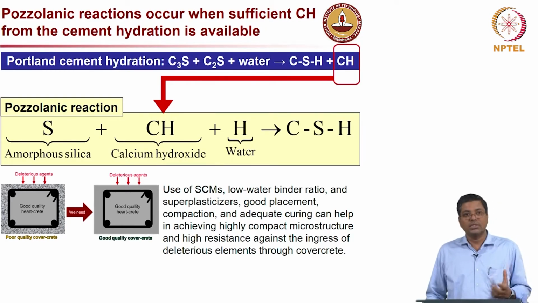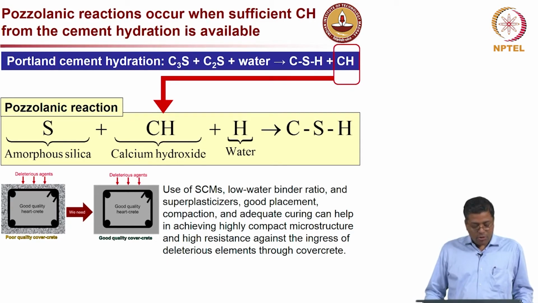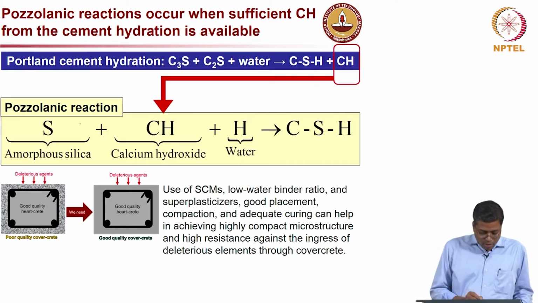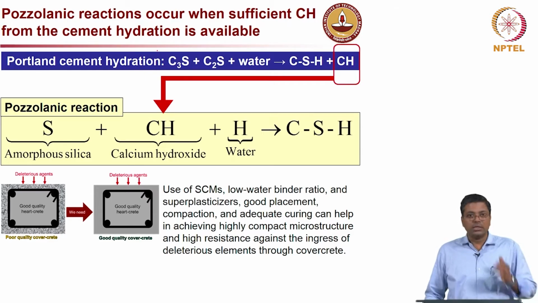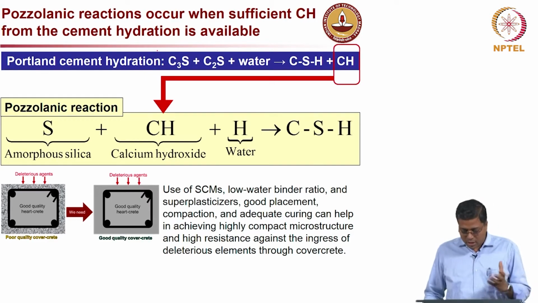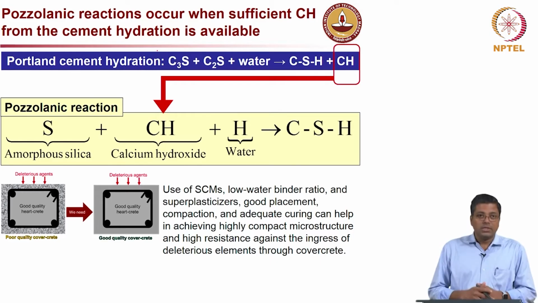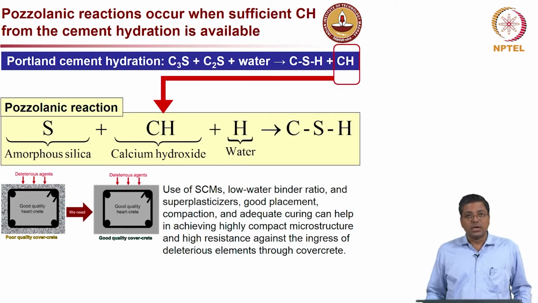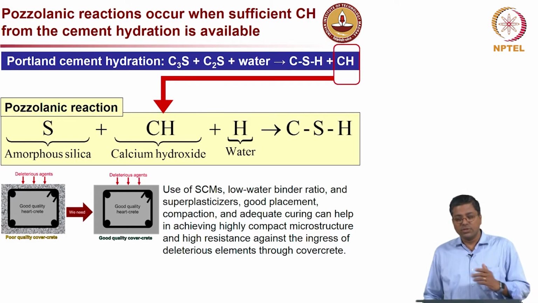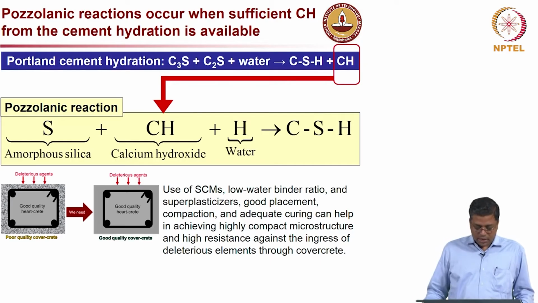This reactive silica is very important to have, it is not just silica. So, when you talk about SCMs, you have to ensure that the SCM has a sufficient amount of amorphous silica. Now, the first equation on the top of the slide shows a typical Portland cement hydration reaction, where C3S and C2S are the reactants, and along with water they form CSH and CH. When we talk about SCMs or the pozzolanic reaction, we are essentially using the calcium hydroxide formed in the cement hydration reaction.